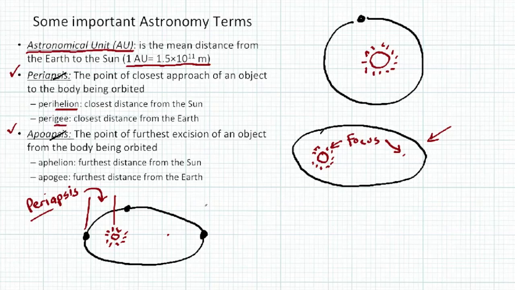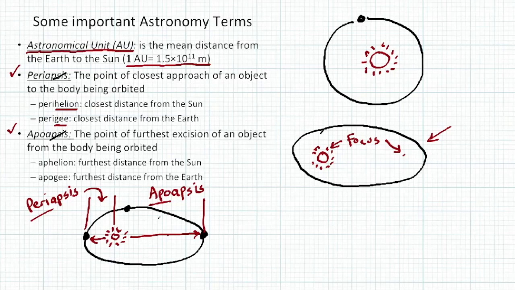On the contrary, over here, this whole distance from the Earth all the way out to here, we call this apoapsis, A-P-O-A-P-S-I-S. And there's probably some sort of Greek or Latin root that apo means away.